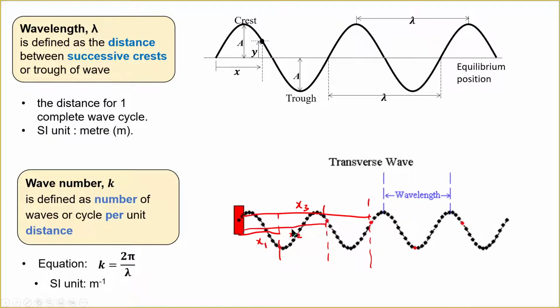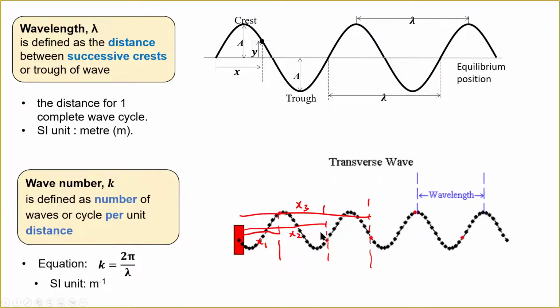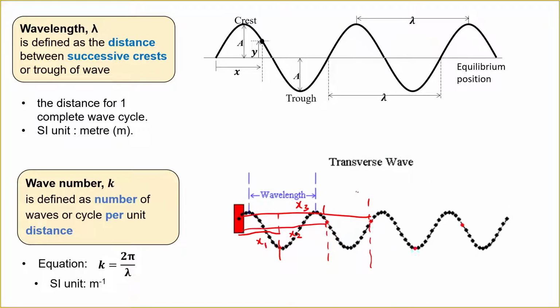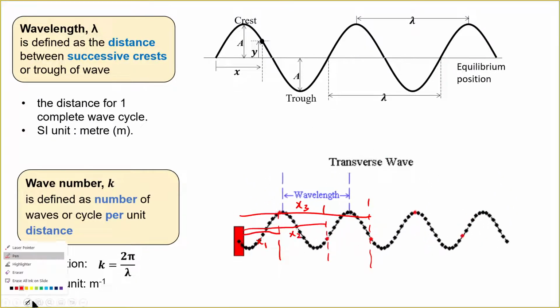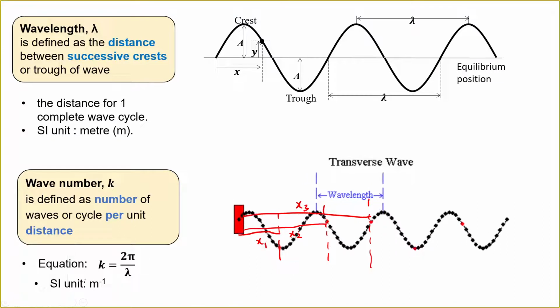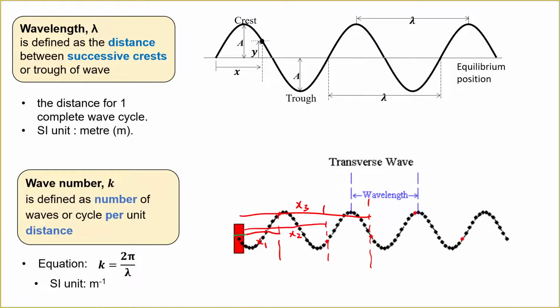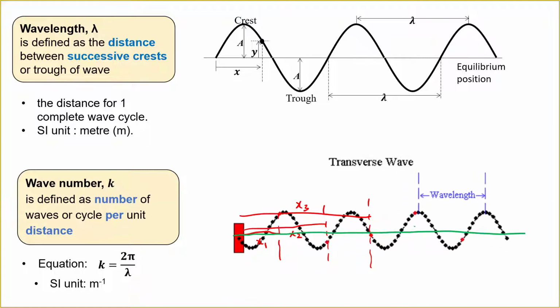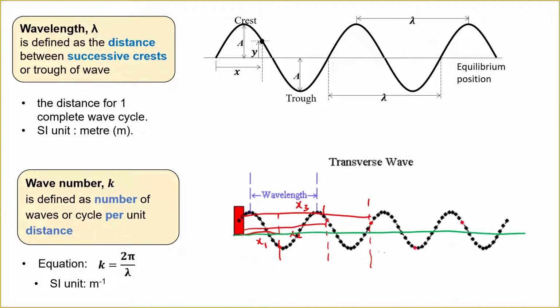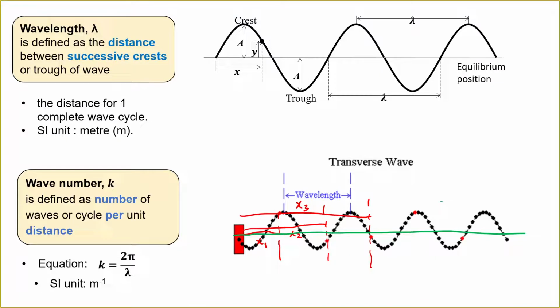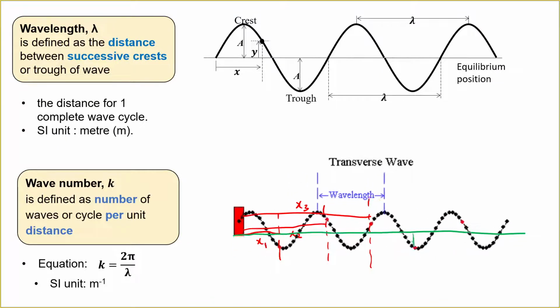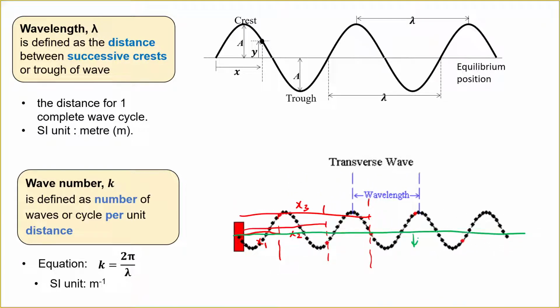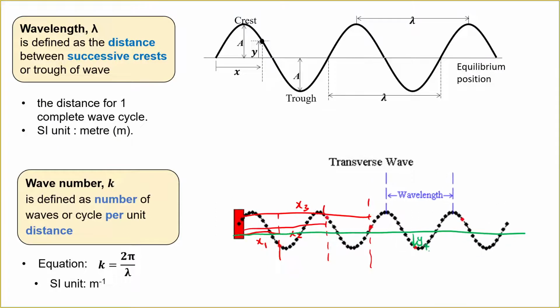Now my question is, how do you calculate the displacement? Let's say this is the equilibrium position, correct or not? This is the equilibrium position because the center line is the equilibrium. So can you calculate the displacement, let's say this is y4?